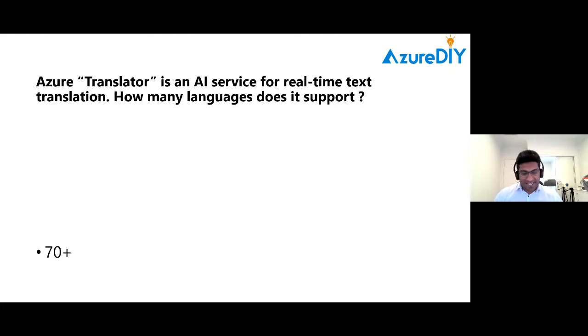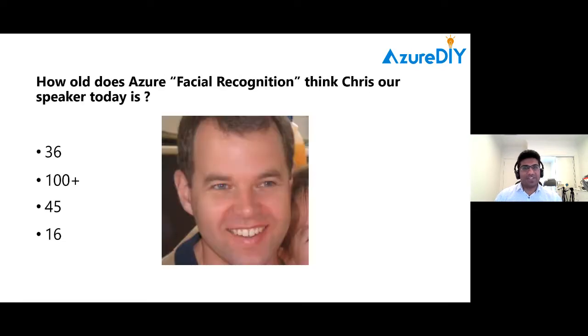The next question is a really interesting one, and I'm loving it because we are also going to ask the same question to the Azure Facial Recognition Service, and we'll see how closely you align with its answer. The question on your screen is how old is Chris, who is our presenter today. We ran the same question with the Azure Facial Recognition Service.